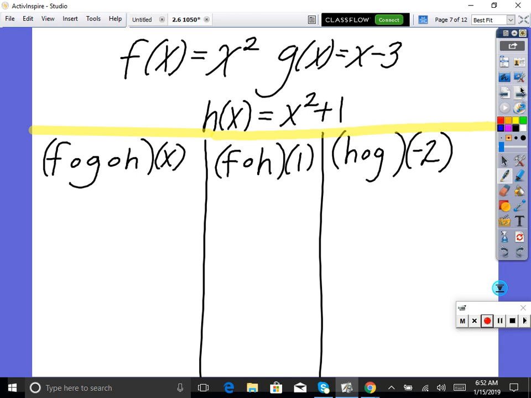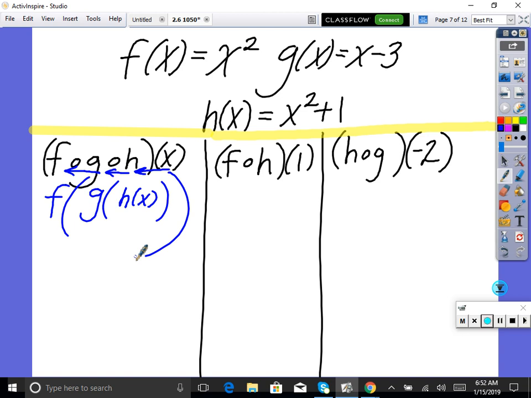Okay, what if I do 3? It's really pretty straightforward still. It's just now we have 3. So let's squish backwards. x would be squished into h, so that'd be h of x. Squish it back into g. Then squish that back into f. Now don't we always work from the inside out? That's important. So you work from the inside out. You'd say, okay, the first thing I'm going to do is plug h into g.